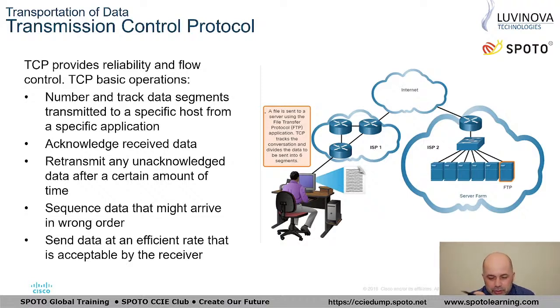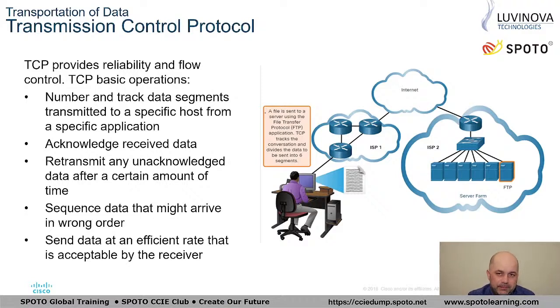TCP's basic operations are to number and track data segments transmitted to a specific host from a specific application. Specific application to specific application, which means Facebook to Facebook, WhatsApp to WhatsApp. It's tracking that it must be negotiated between them to use the same application to establish a channel of communication.